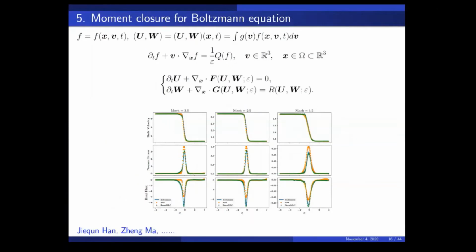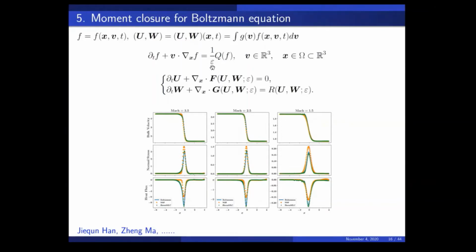And this is my last example. We all know that the Euler equation works very well for gas dynamics. But when the Knudsen number is big, the Knudsen number is a very important parameter for gases. It measures the ratio between the mean free path and the size of the system. So that's the epsilon here. So this is the Boltzmann equation for gas dynamics.